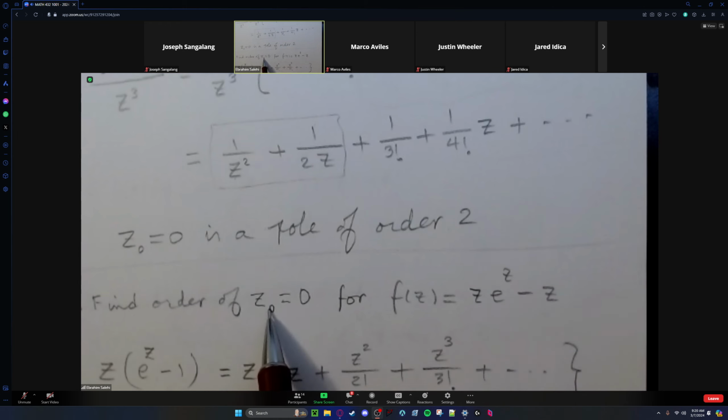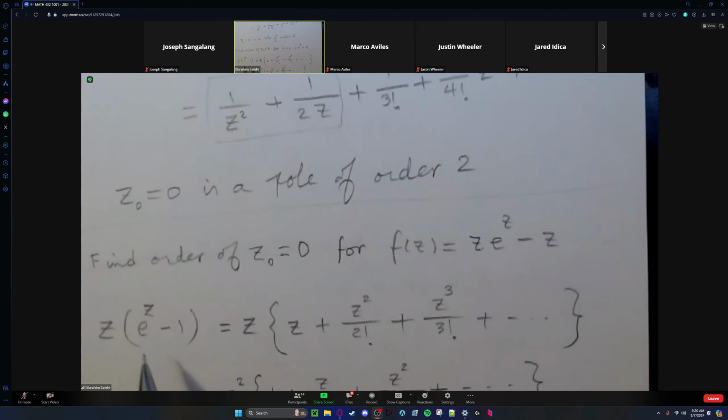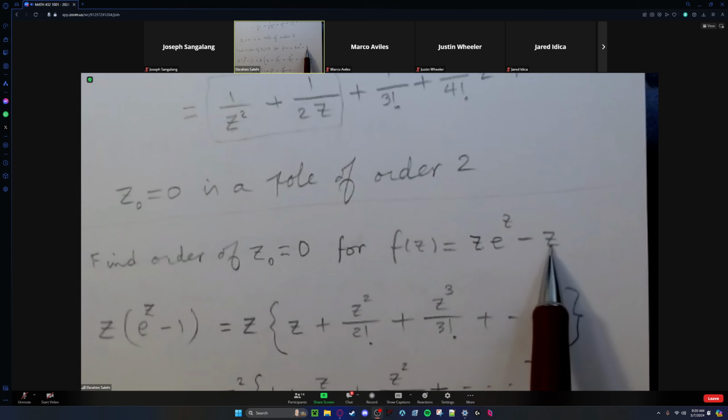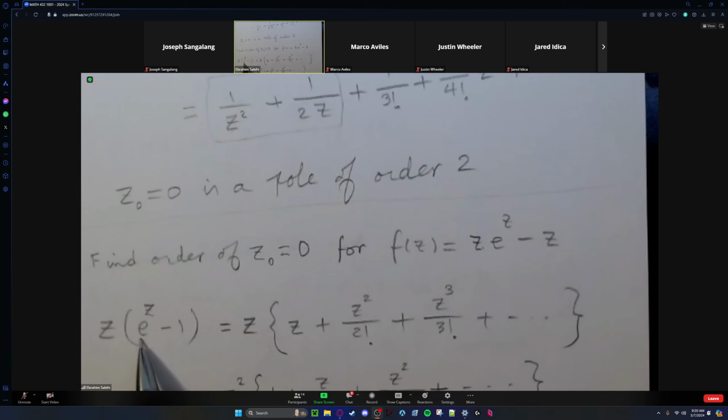In this case, I want to look at this function. z equals 0, definitely, is a zero of the function, because if you replace z by 0, you get 0. So the question is, what is the order of this zero? Well, here is again e to the z minus 1. You multiply by z, and this is what you get.